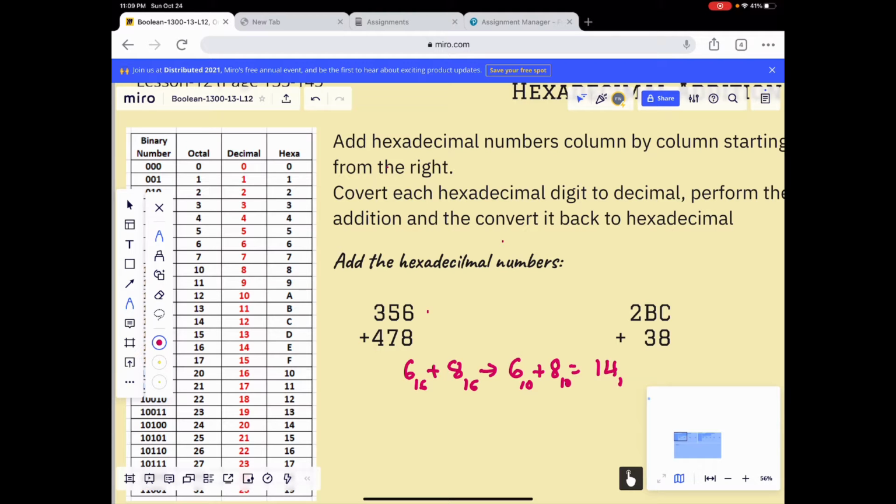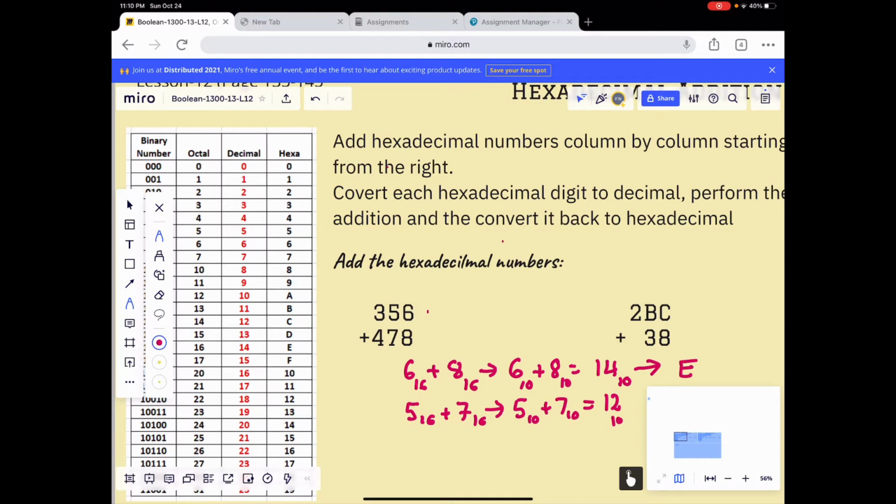And 14 decimal, you convert back to hexa. 14 decimal in hexa is letter E. So I write out letter E. For the second column, I got 5 hexa plus 7 hexa, and I will have to convert back to decimal, so it becomes 5 decimal plus 7 decimal equal 12 decimal.